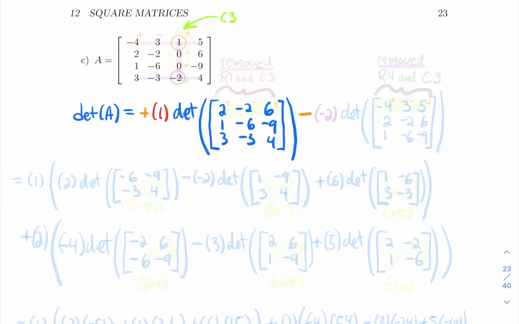Use purple here for the minus 2. And then the submatrix for minus 2, if you remove row 4 and column 3, the purple lines here, so the determinant of the submatrix you're going to get is the following: minus 4, 3, 5. I'm just removing the purple lines, so you're going to get 2, minus 2, 6, and 1, minus 6, minus 9.